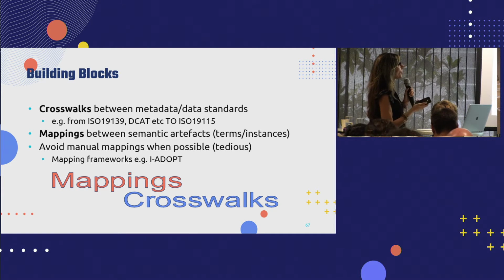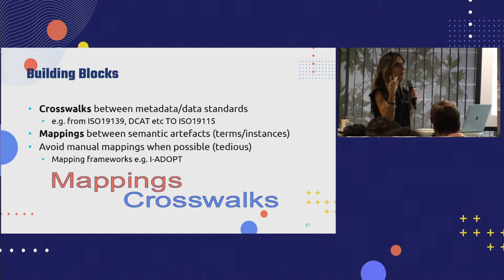And we are looking into creating mappings between semantic artifacts. Our approach is to avoid the tedious process of creating manual mappings from one term to the other, which is very time-consuming, and try to semi-automate that, because I don't think you can actually automate it.